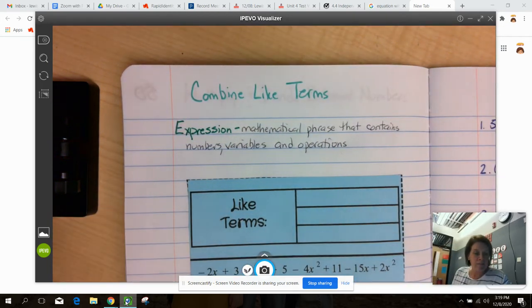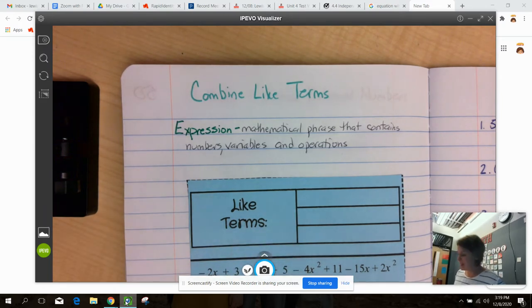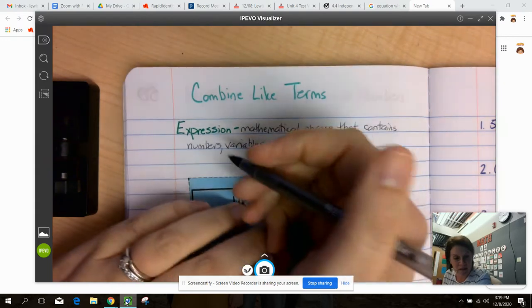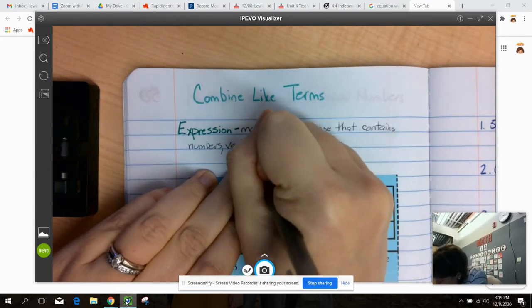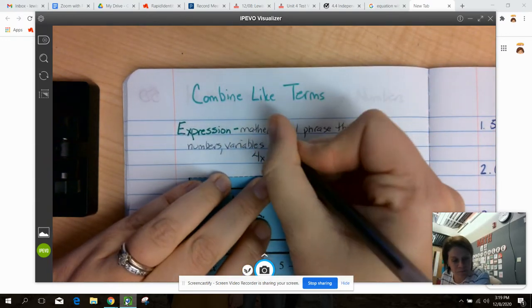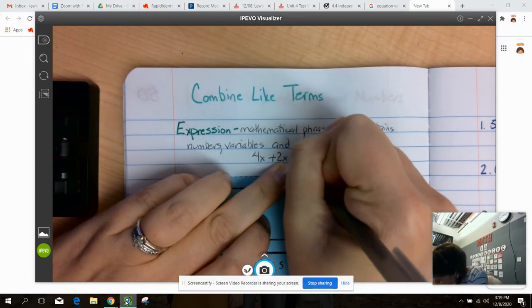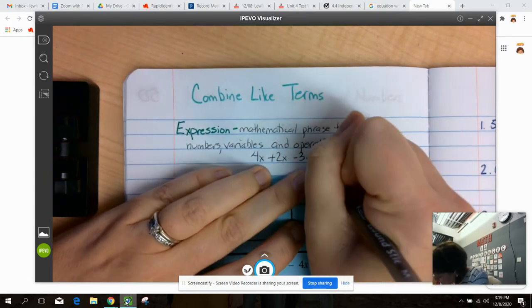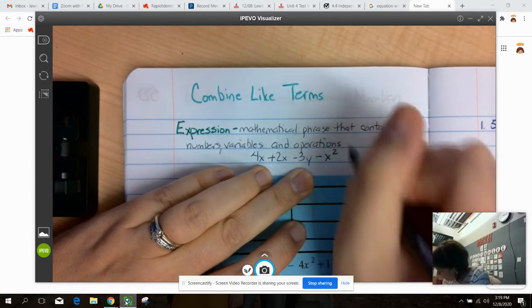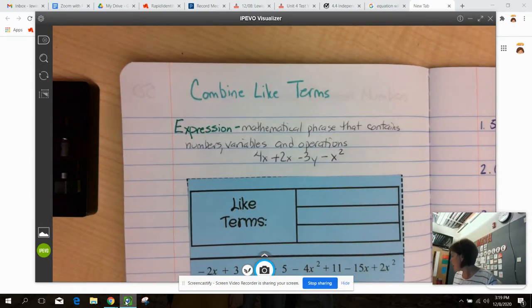Okay? An example of an expression would be this: 4x plus 2x minus 3y minus x squared. Okay? This is an expression.